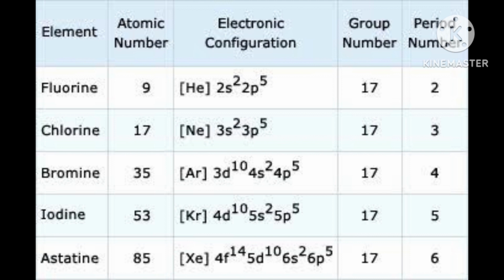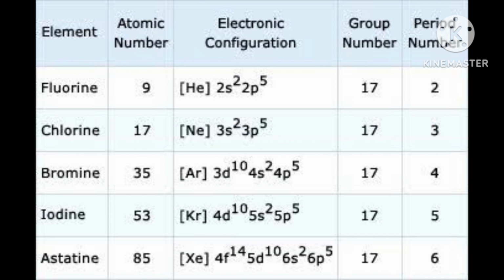For chlorine, it is minus 349, and bromine is minus 325.